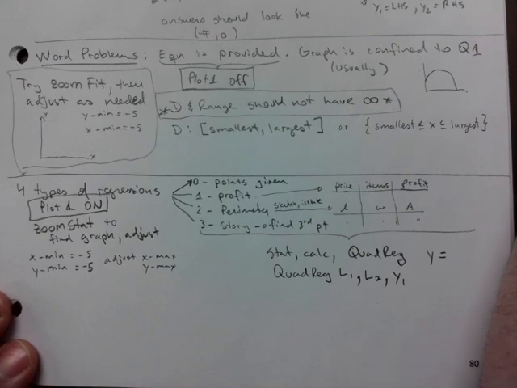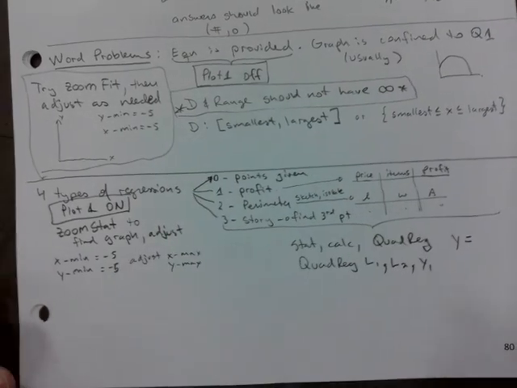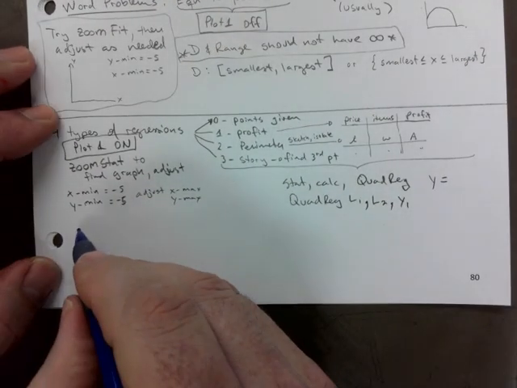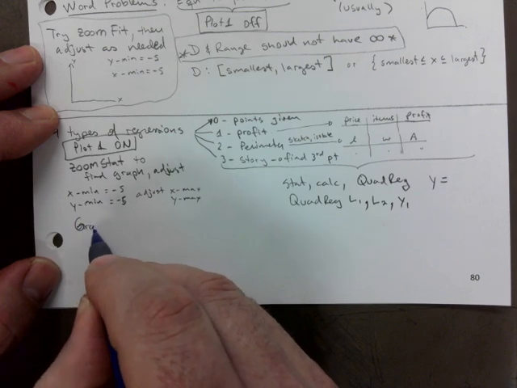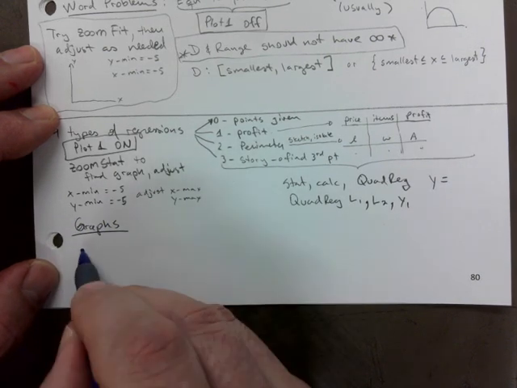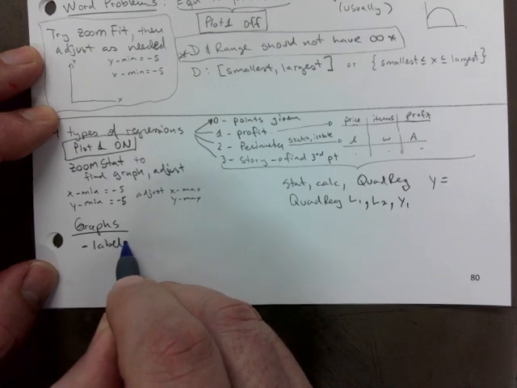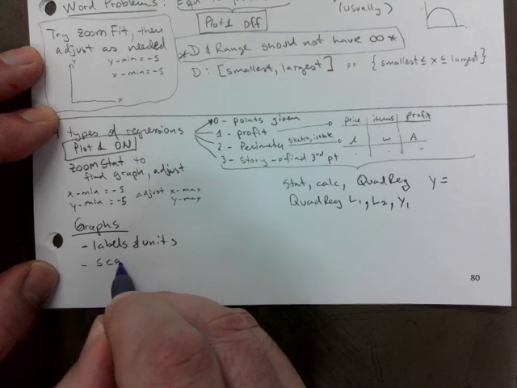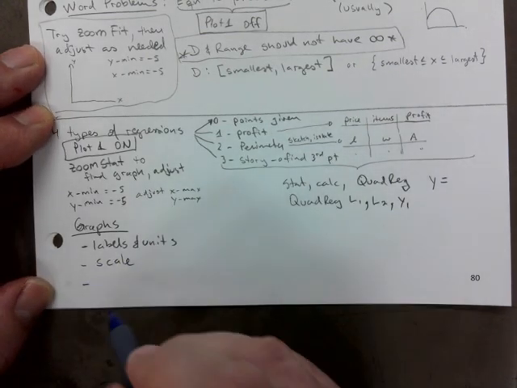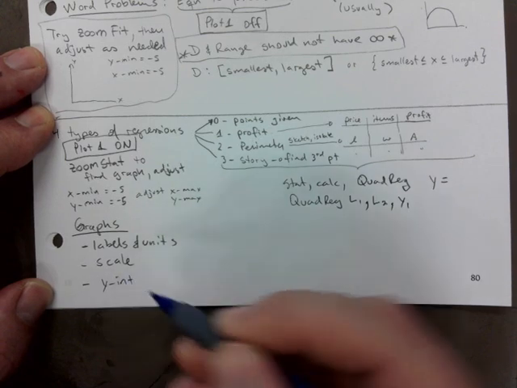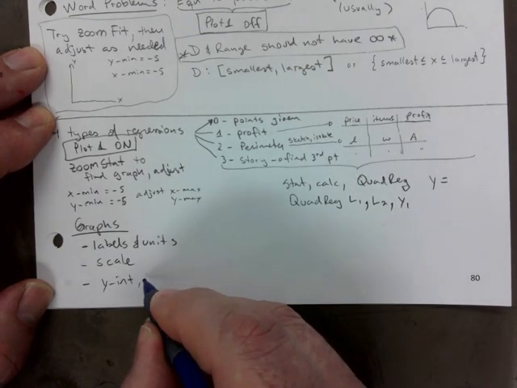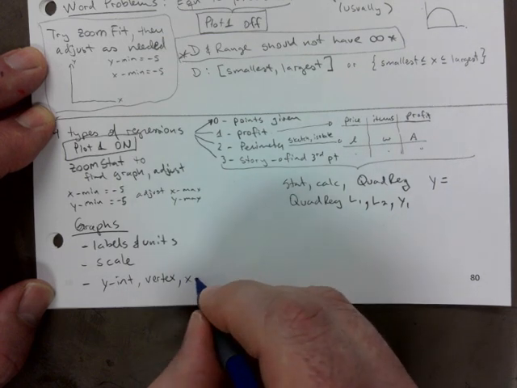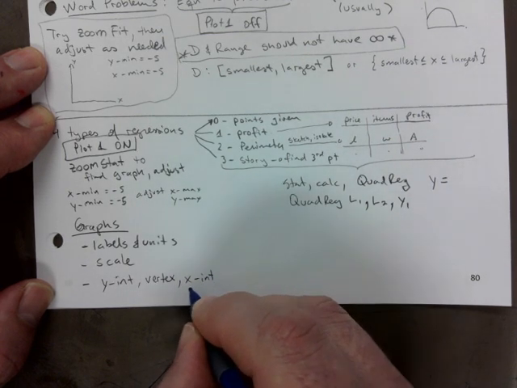Anything else? Oh yeah, for graphing, I'll make this down here. Graphs: you should have labels and units. You should have an appropriate scale. You should have the y-intercept. There's always a y-intercept, the vertex, and if possible, x-intercepts.